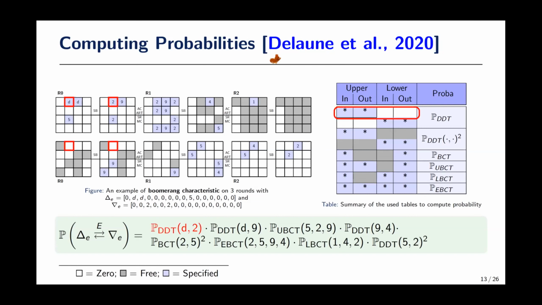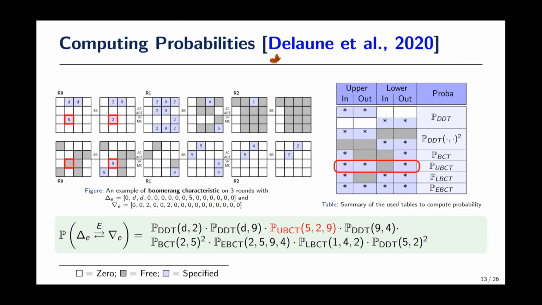In this particular block, for the upper shell, the input and the output differences are set to a specific value, and for the lower shell, the input difference and the output difference are set to 0, and it corresponds to DDT. That means the probability of the transition is that of the DDT.